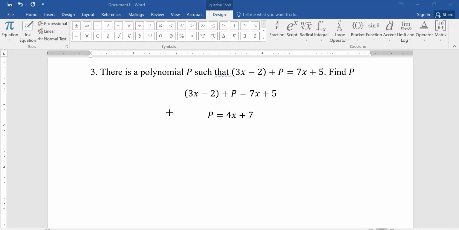Again, what we're trying to do there is balance things out, but move all of our terms that are not p to the right-hand side. So that requires us to get rid of 3x. That requires us to get rid of this subtraction of 2.